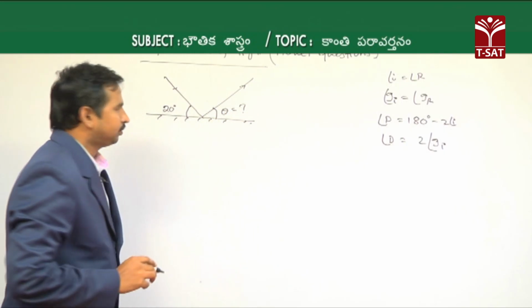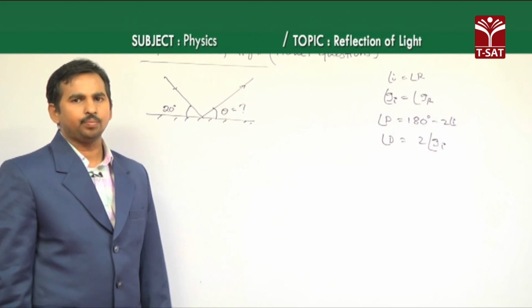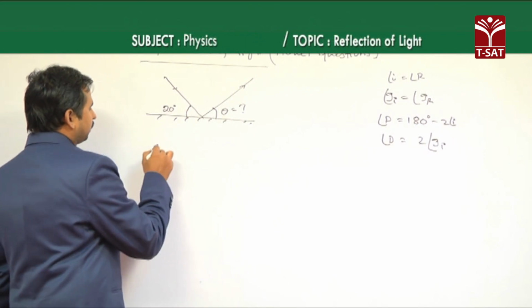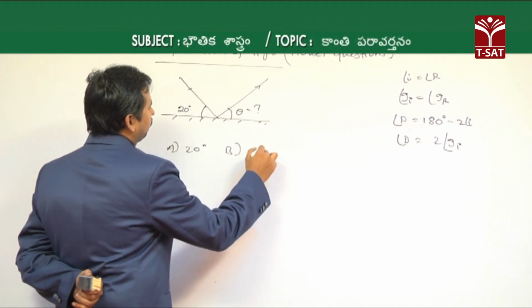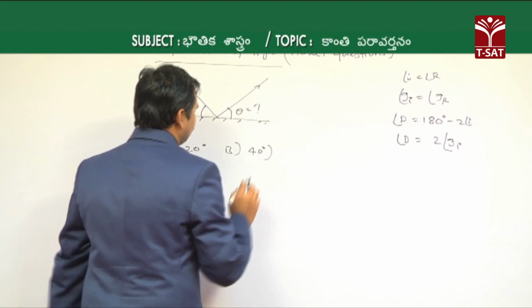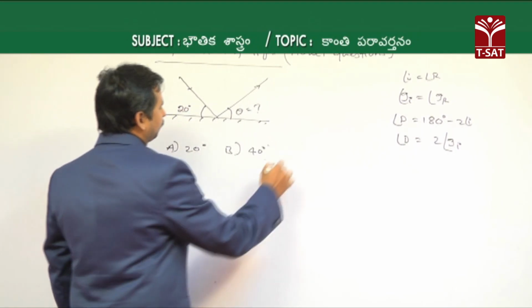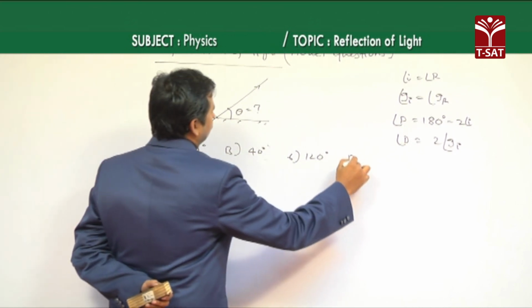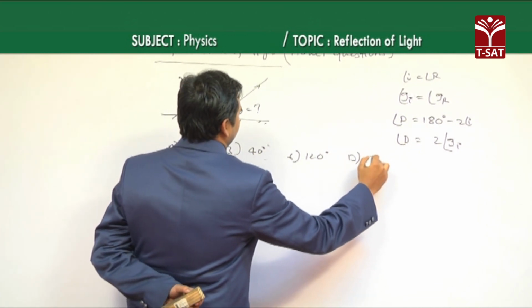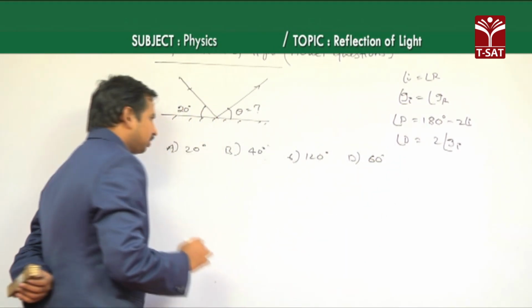The options are: A, 20 degrees; B, 40; C, 120 degrees; and D, 60 degrees.